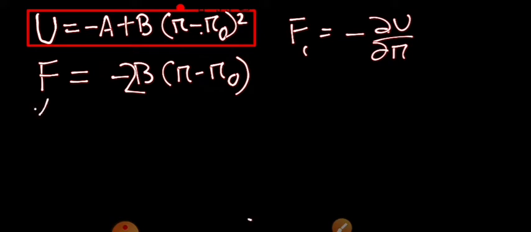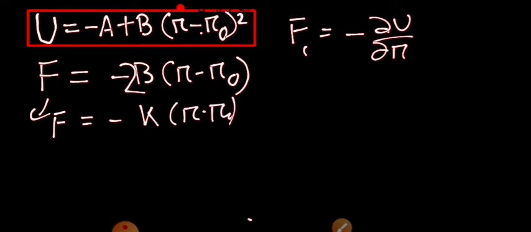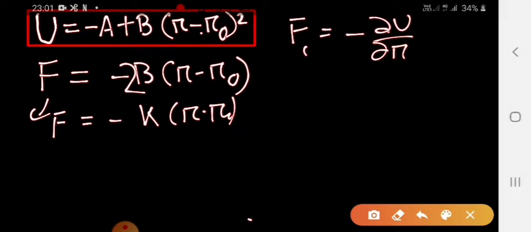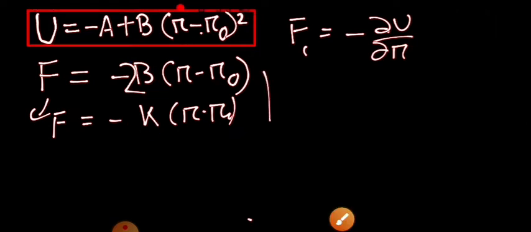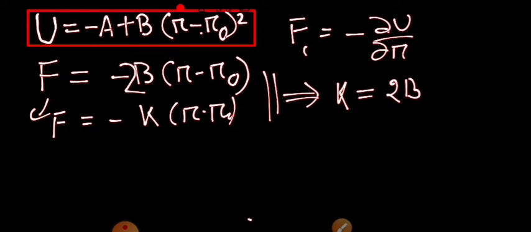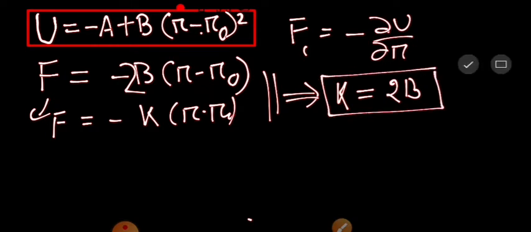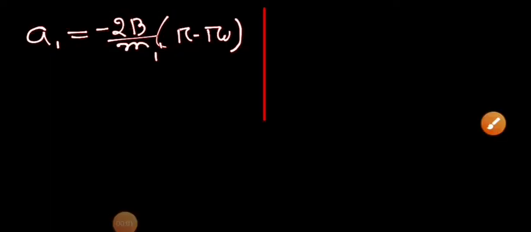Comparing this with the standard equation F is equal to minus K (R minus R naught), we obtain that K, the force constant, is equal to 2B.